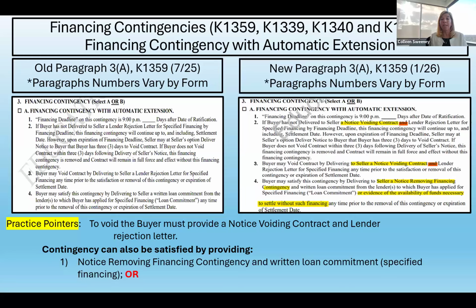The contingency can also be satisfied by notice removing the financing contingency and the written loan commitment of specified financing, or evidence of availability of funds to settle without financing. Those are the two ways that it can be addressed. Not to beat a dead horse, but it's really important: if you start thinking of this as a two-step process, it will be very helpful for you.